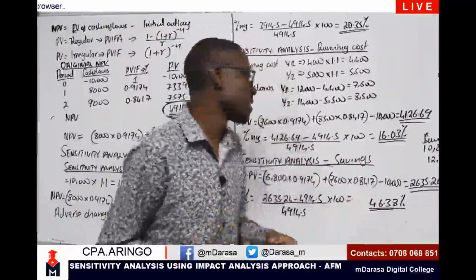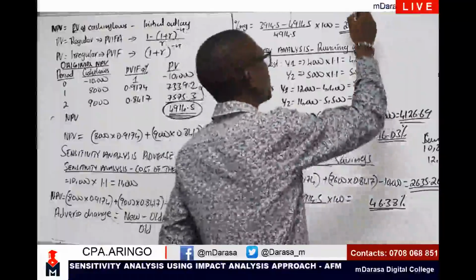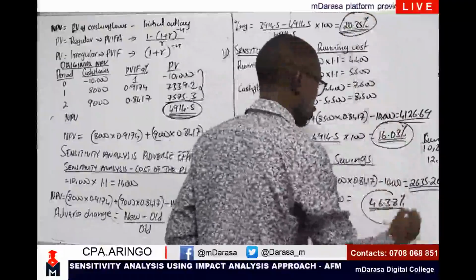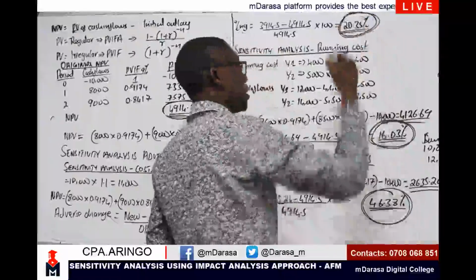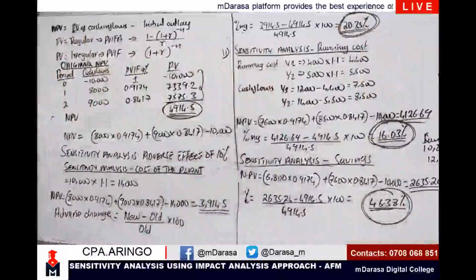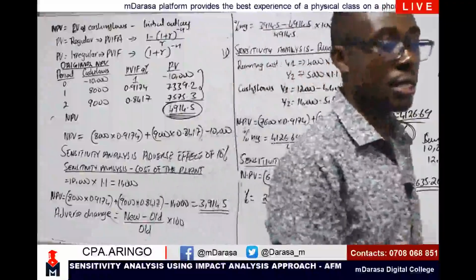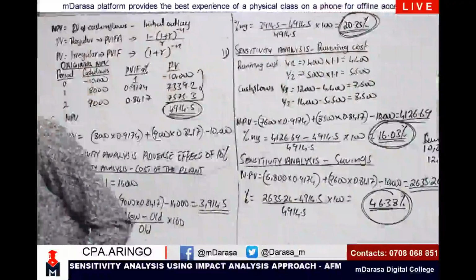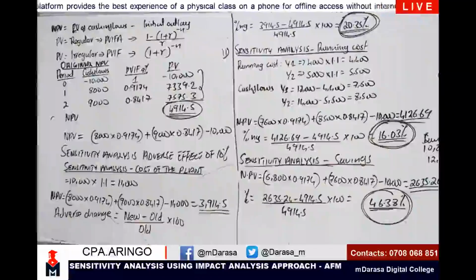So in this case, it is upon us now, looking at these three percentages, we're having these three here. When we have conducted our sensitivity analysis, which one do you think has the greatest impact? We can clearly see here that it is the savings.